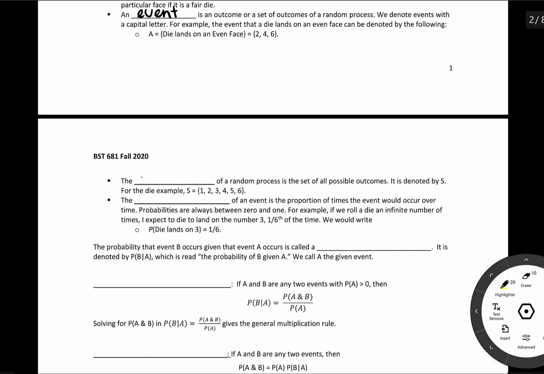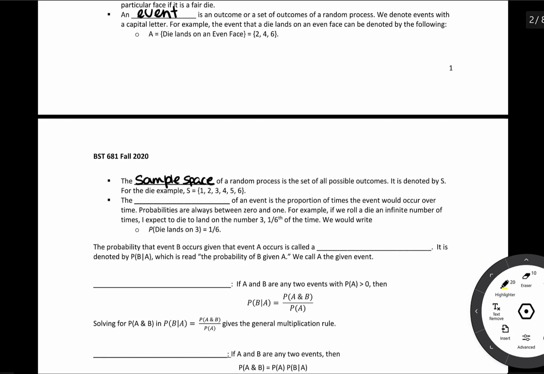The sample space of a random process is the set of all possible outcomes, and we usually denote it by capital S. For our dice example, S would be equal to the numbers 1, 2, 3, 4, 5, and 6.